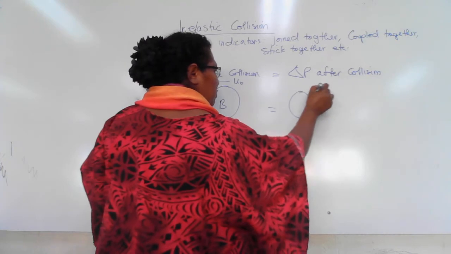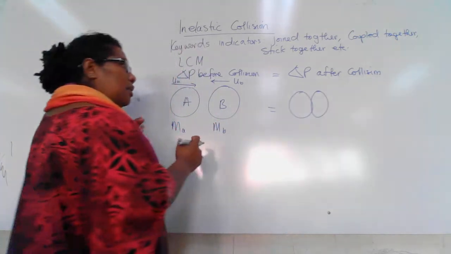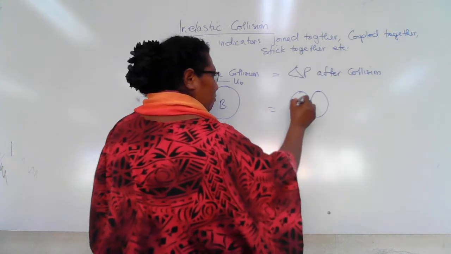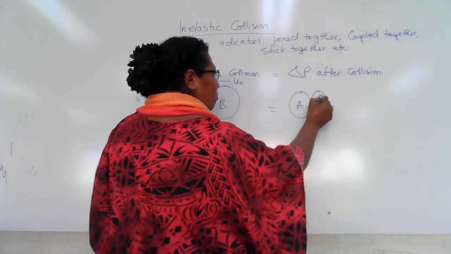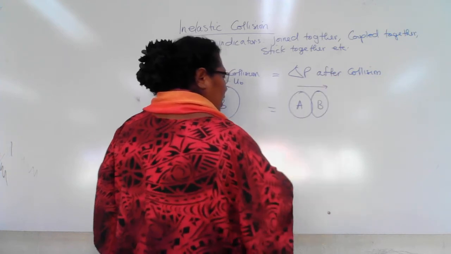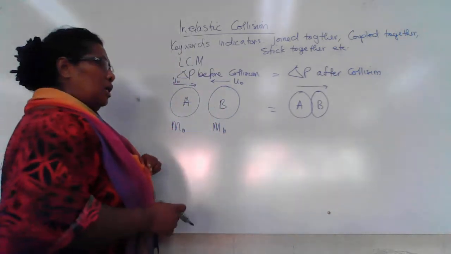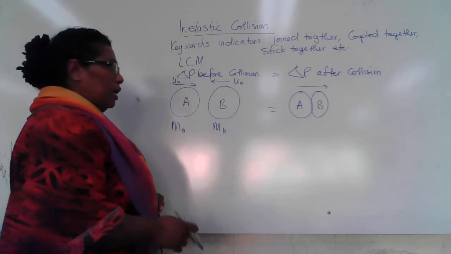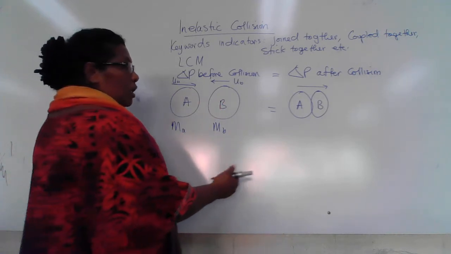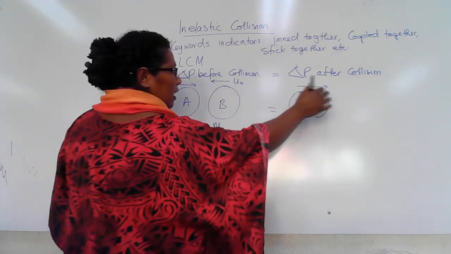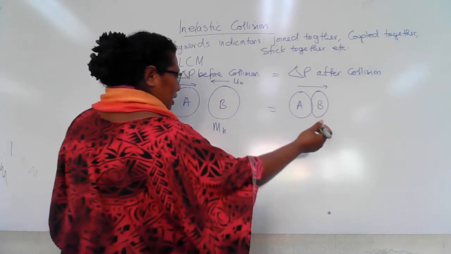So now we have object A and object B stuck together and they are now moving together in one direction. Let's assume that they're both moving in that direction, for now, it depends on our calculation. So they're both now coupled together and moving in the same direction.